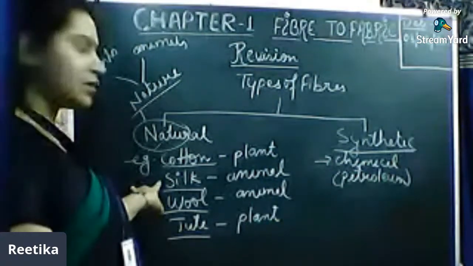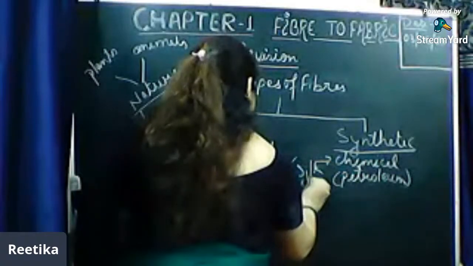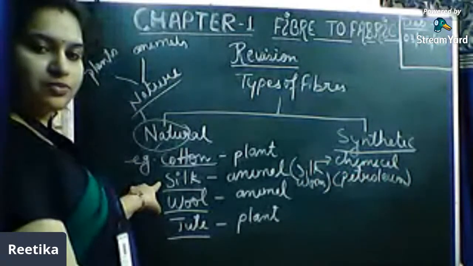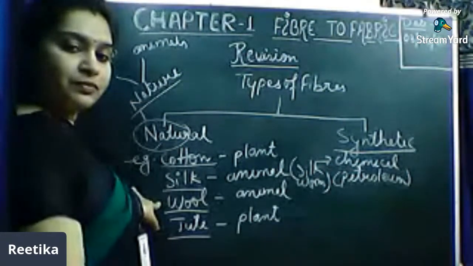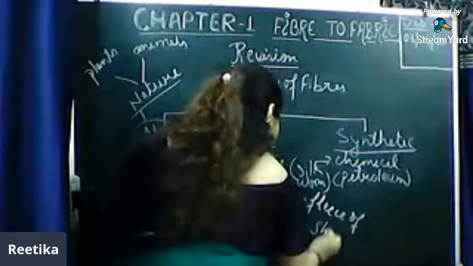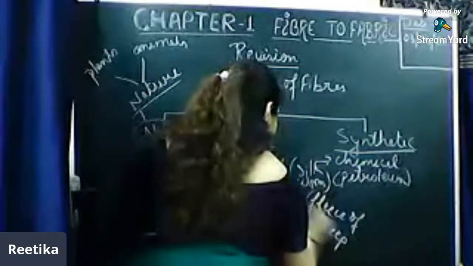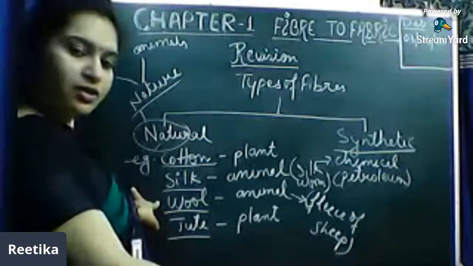Yes, silk is obtained from silkworm. Yes, we have studied it. Silk is obtained from silkworm. Very good. Wool is obtained from? It is obtained from fleece of sheep. Yes, it is obtained from fleece of sheep.